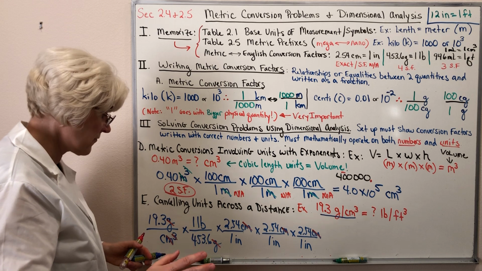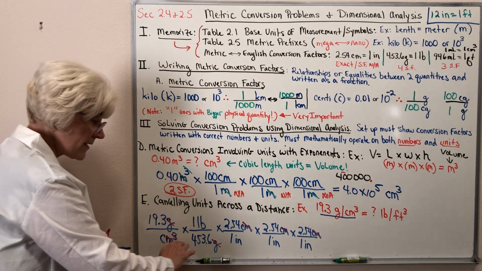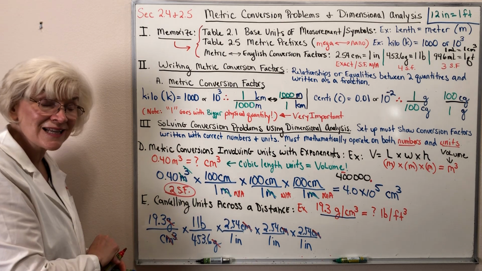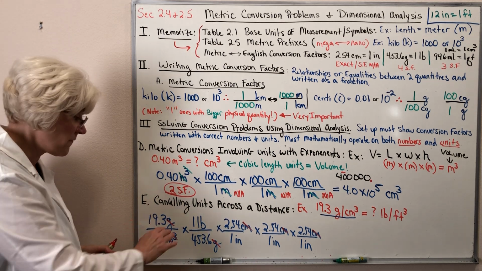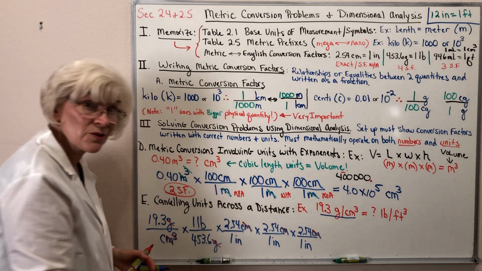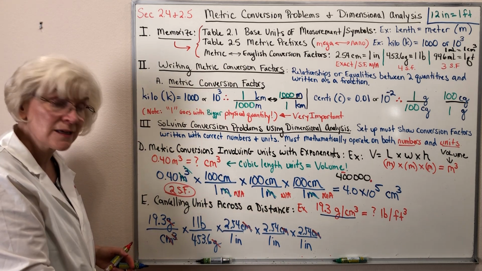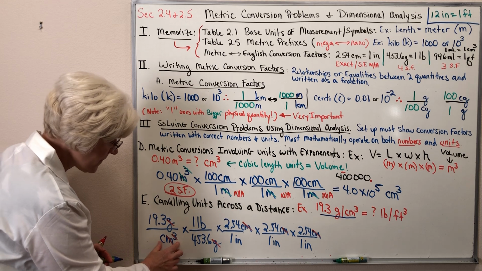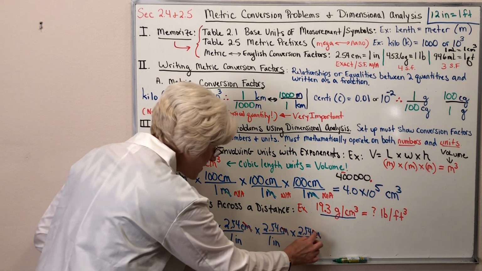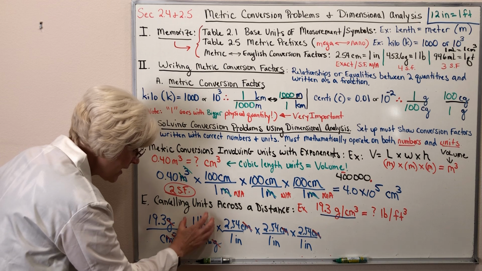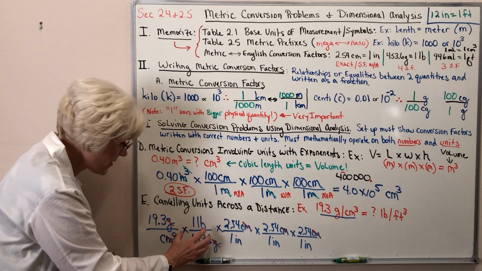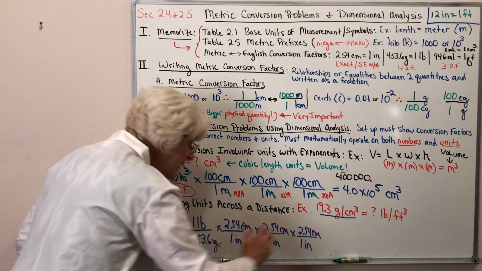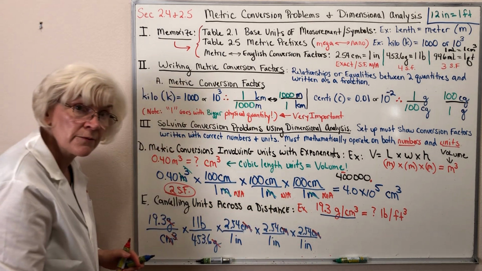And let me comment before I go further, I am illustrating right now exactly this last category of metric conversions. I canceled across a distance, meaning I canceled cubic centimeters in the denominator with cubic centimeters in the numerator here, ignoring this conversion factor that's interrupting or coming between the conversion factors I'm working with.